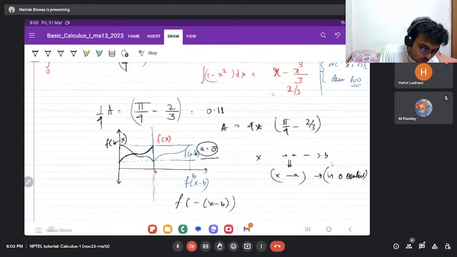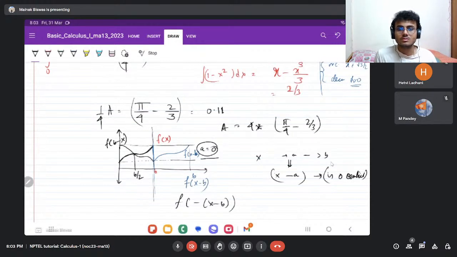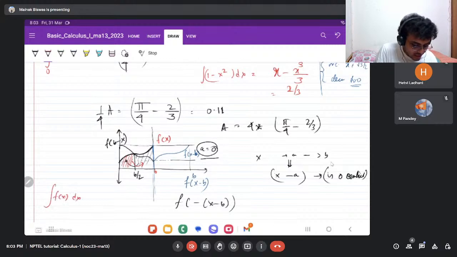See, at b by 2, your functions will be equal, right? Agreed or not? Yes, sir. So whatever area you have on this side is present on this side, and whatever area you have on this side is present on this side. Agreed? Yes. So your integral of f(x) dx from 0 to b is the same as the integral of f(b minus x) dx from 0 to b. Do you agree?